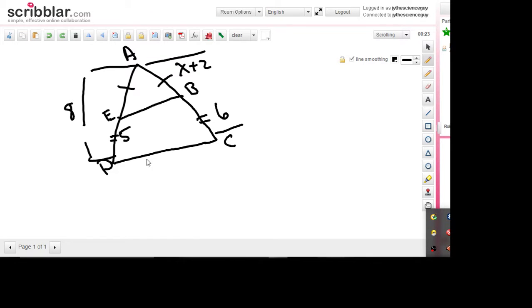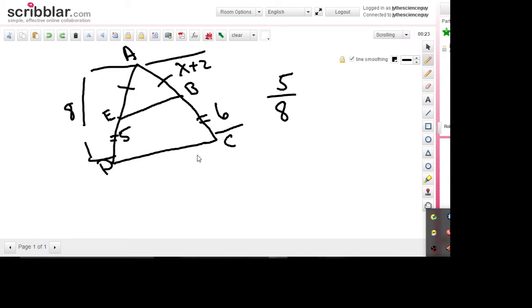So they gave me a whole piece and they gave me a short piece, right? So I'm going to put those two things in a proportion with one another. So I'm going to say that 5 over 8 is one of my proportions. Do you see those two different pieces?